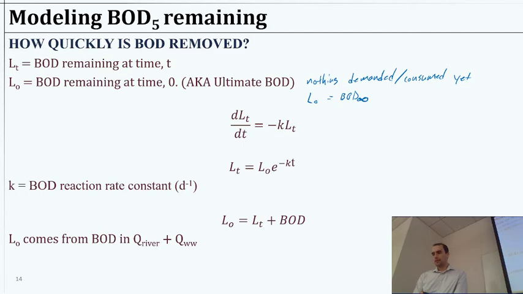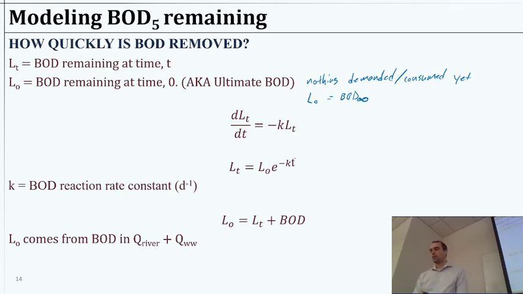dL/dt is going to be minus KL. So we've got a first order decay reaction here where the remaining BOD is decreasing over time. Makes sense, right? And we can set that up as our typical mass balance for a batch reactor or a plug flow reactor.